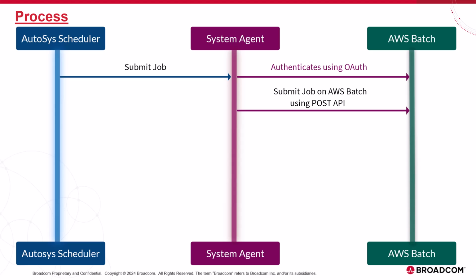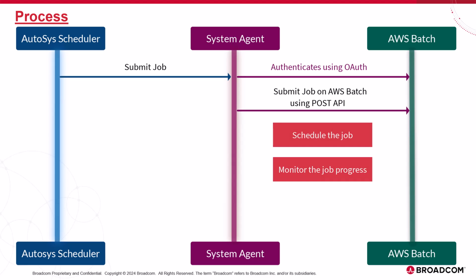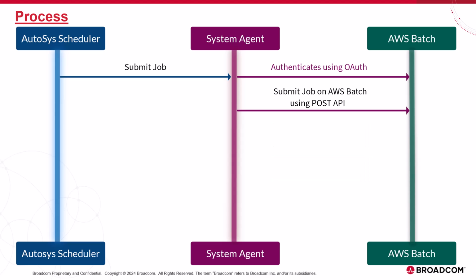The AWS Batch Server identifies the matching batch job and executes it according to the specified parameters. This may involve provisioning the required compute resources, scheduling the job for execution, and monitoring its progress. The batch job execution returns a JSON response which contains the execution details. The AWS Batch Server and System Agent then monitor the job.